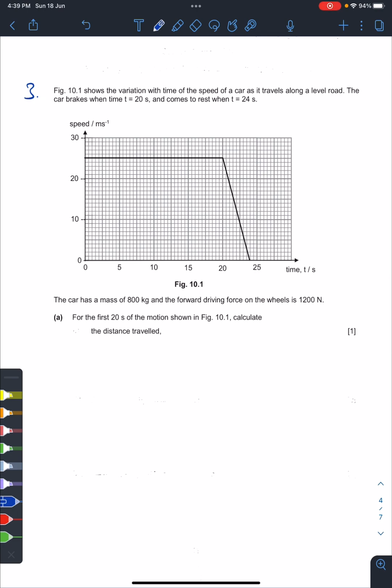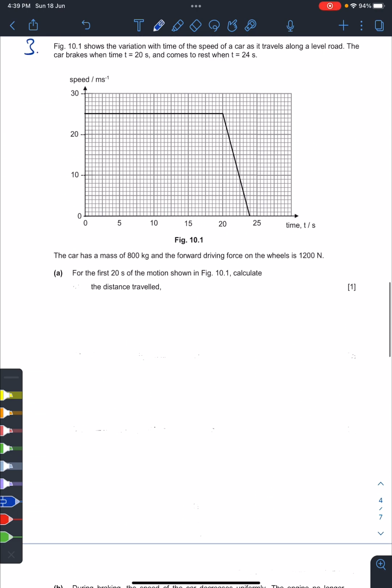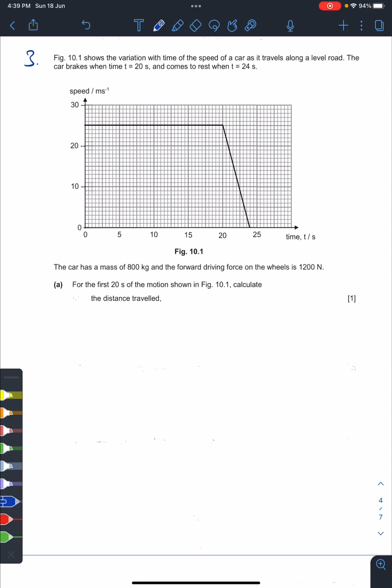Okay, next, question 3. Graph. Cool. If you recall, the gradient of a graph is always the y-axis divided by the x-axis, which in this case is speed divided by time, which is acceleration.